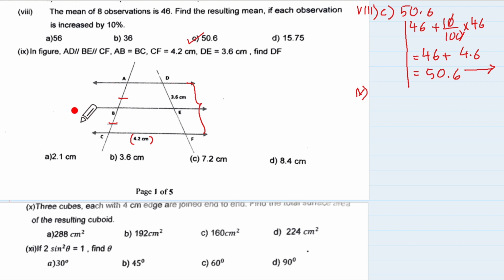Now here, if the lines are parallel to each other and they make equal intercepts, then even DE and EF will be equal. This will be equal to this. So this also will be 3.6. You can do this in your mind. 3.6 and 3.6 means the whole thing DF will be how much? 7.2. So can you see? It is option C, which is 7.2 centimeter.